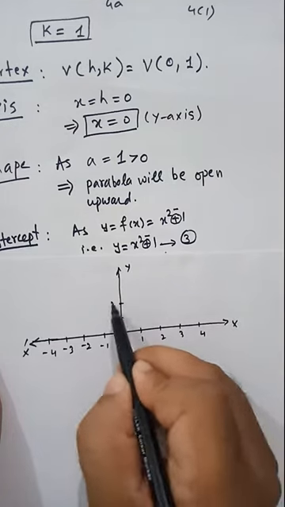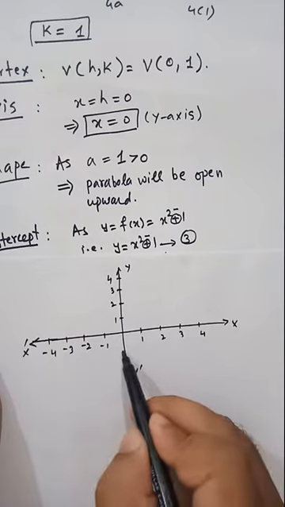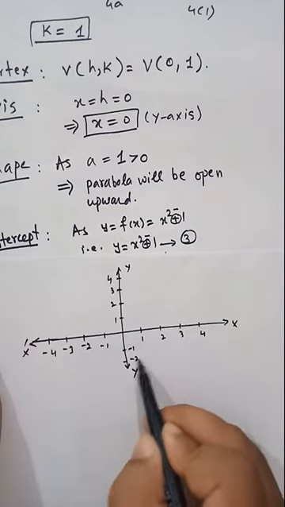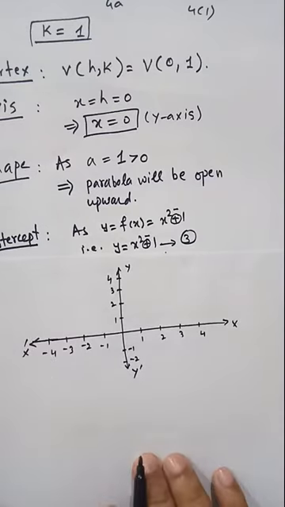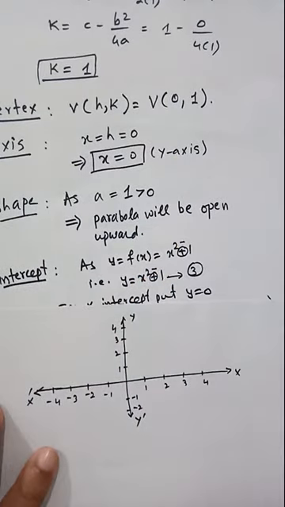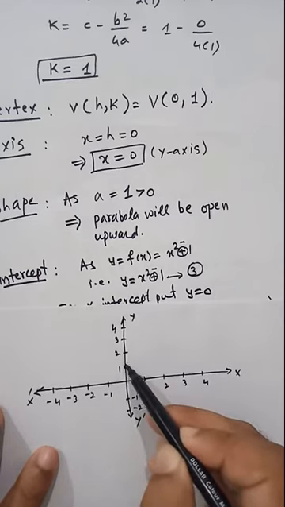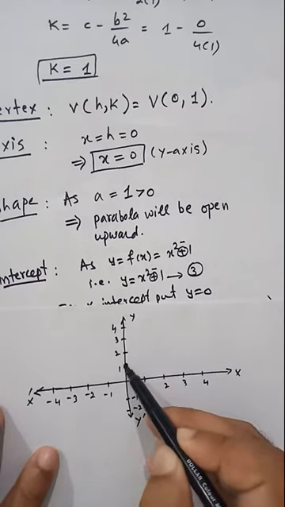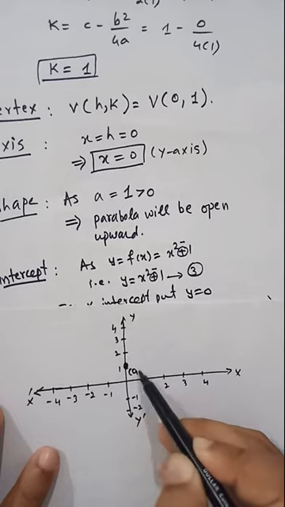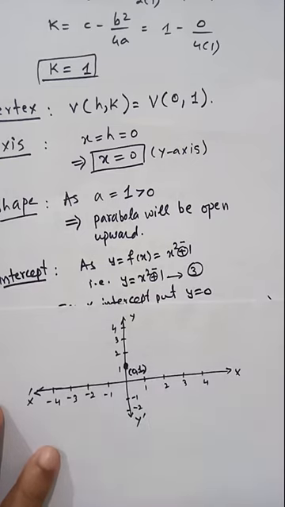Let's say this is 1, 2, 3, 4, and here minus 1, minus 2, and so on. Now what is the vertex? First I am taking the vertex. Vertex is 0, 1. So this is your vertex, 0, 1. This is my vertex.